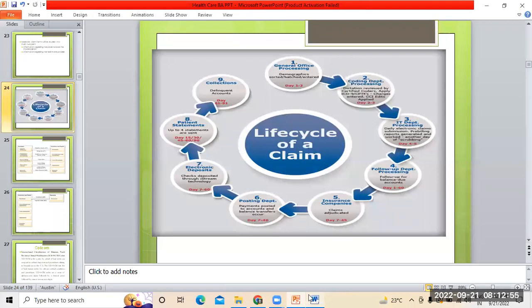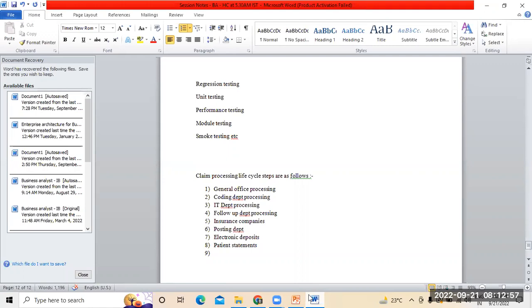Next, collections. So these are the different steps which we normally follow when we are working on the life cycle of a claim.